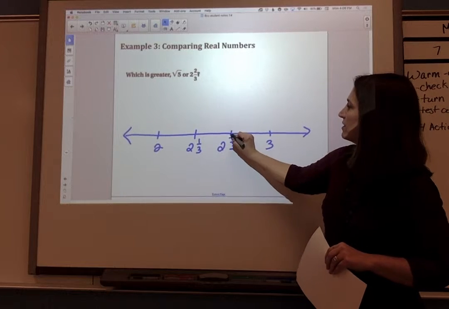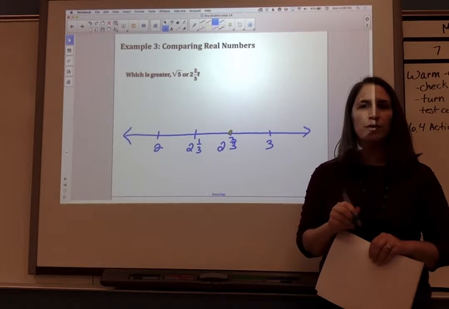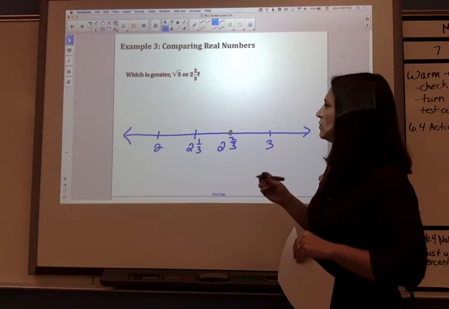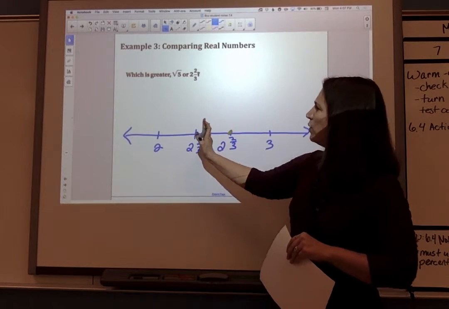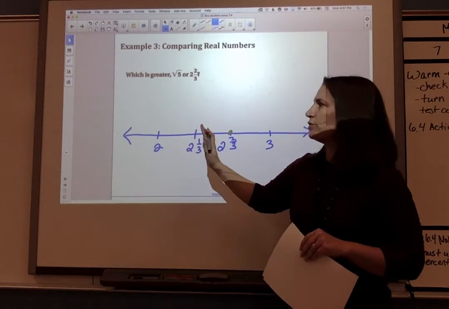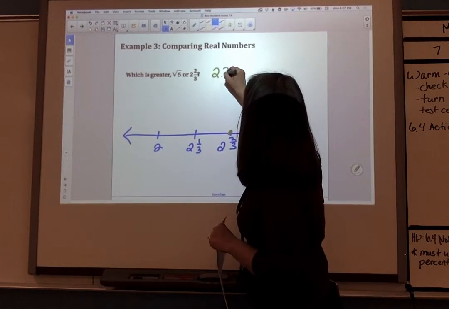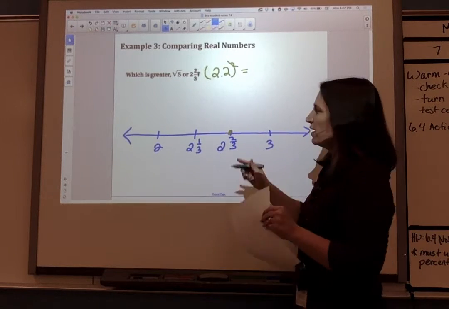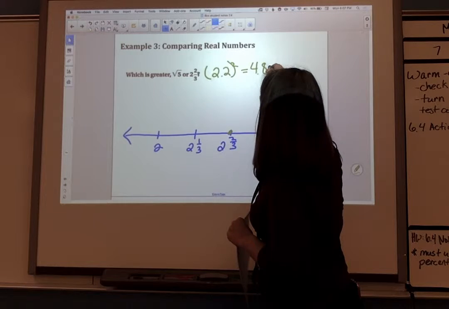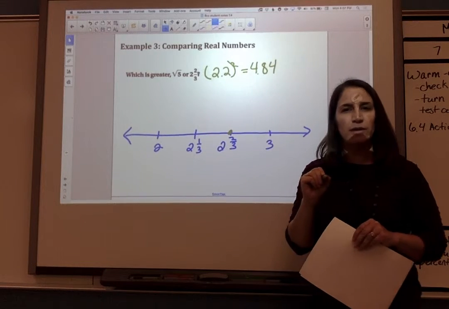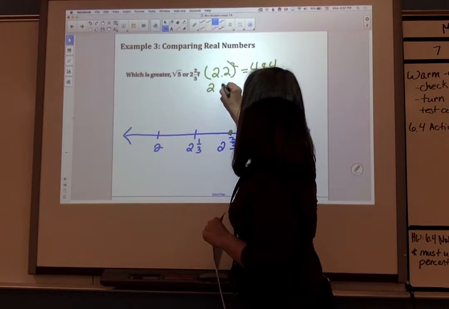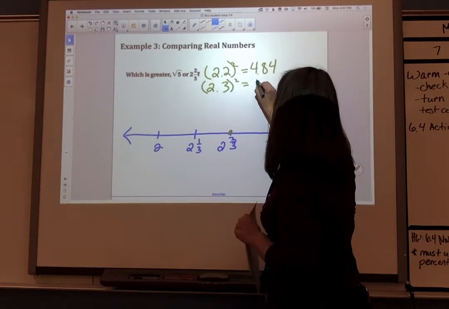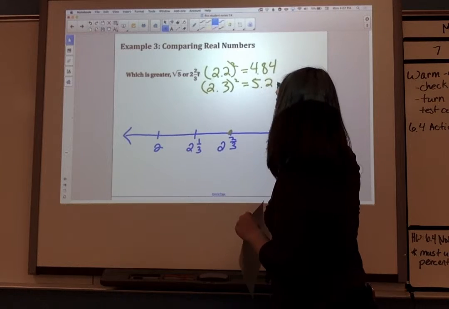So 2 2/3 obviously falls right here, 2 2/3. And then square root of 5, we can kind of think to ourselves, we know that it's somewhere over here near 2. Let's try 2.2 squared, and we can multiply that, and we find 4.84. So 2.2 is a little bit small. 2.3 squared is 5.29.